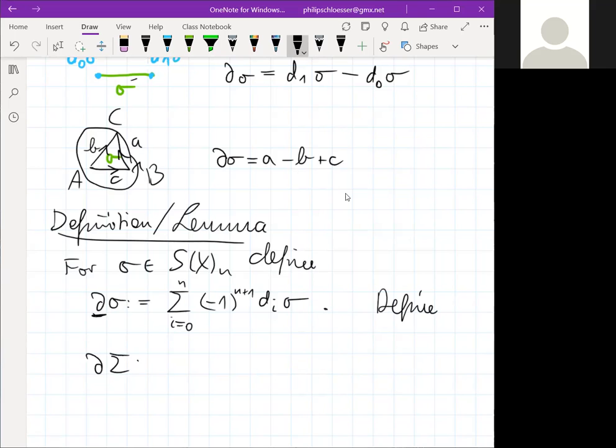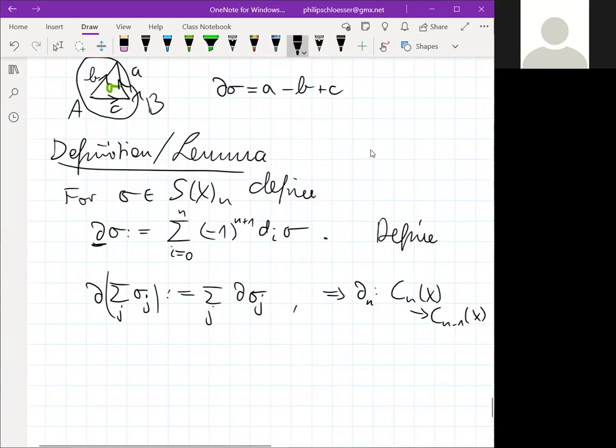If we have some linear combination, then we can just define the boundary to be that linear combination of the boundaries. So our partial n is a group homomorphism from the n-chains to the n minus 1 chains, and it's called the nth boundary operator.